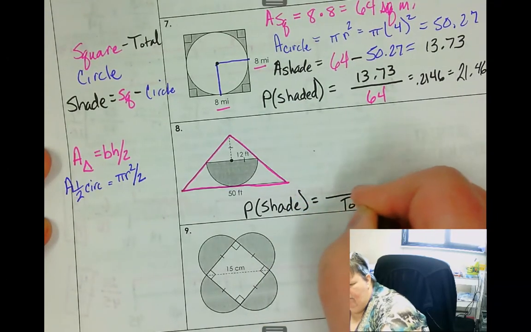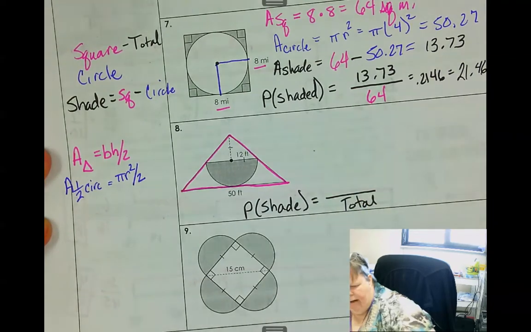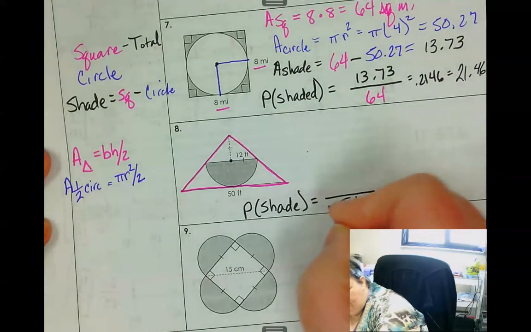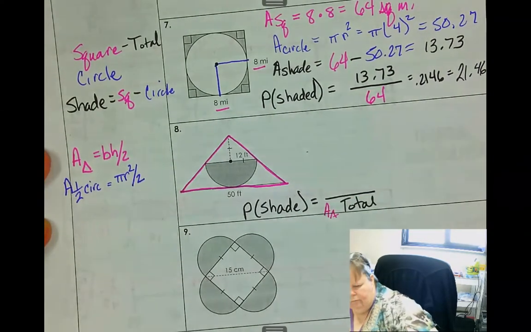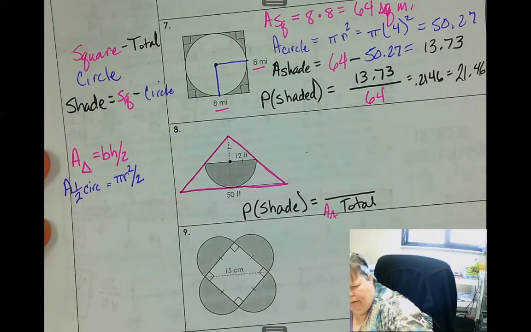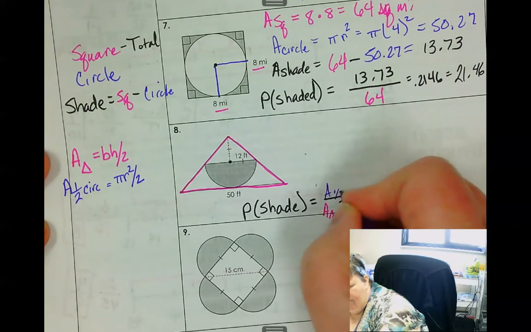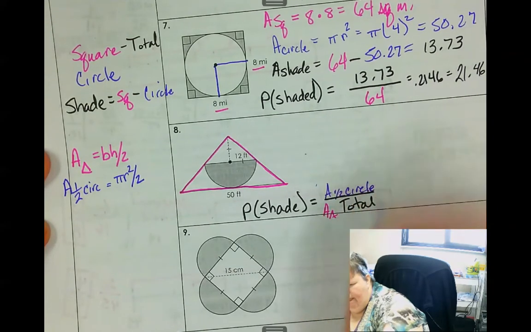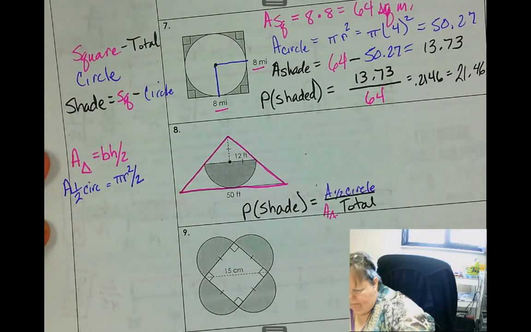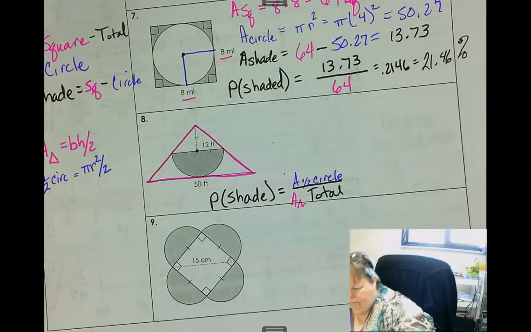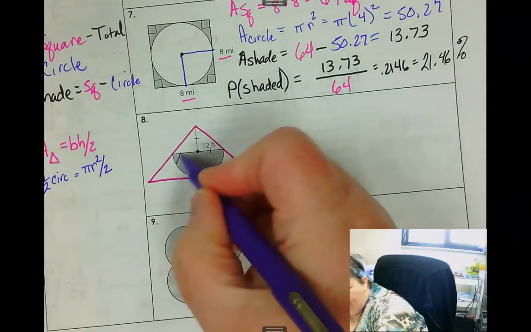Here's the total, which would be the area of the triangle, and the shaded part is the area of the half circle. I'm using different colors on purpose. See, this is my half circle.